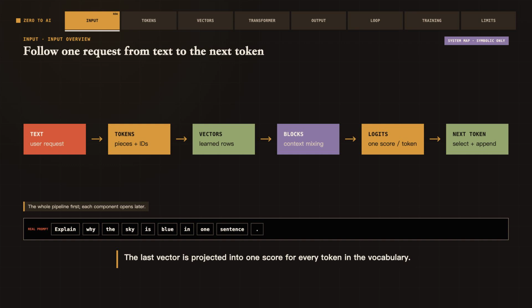The last vector is projected into one score for every token in the vocabulary. Those scores become probabilities. A decoding rule selects one token. That token is appended to the sequence, and the model repeats the process. That is the map. Now let us walk through it without skipping the machinery.